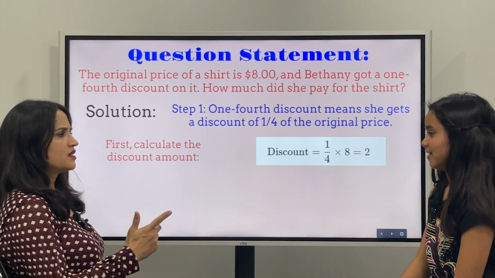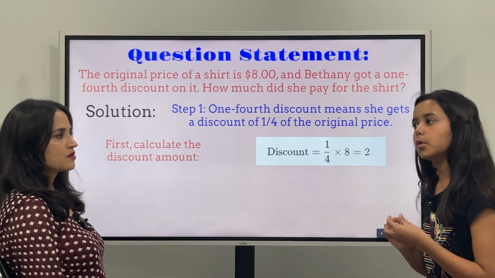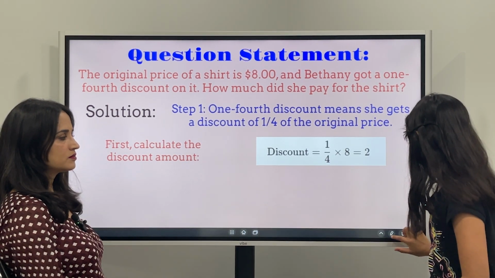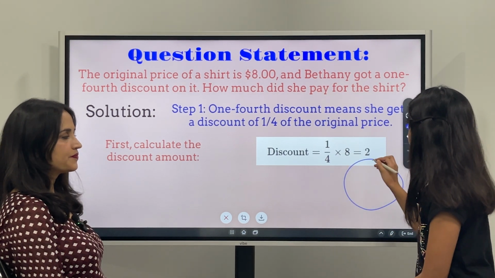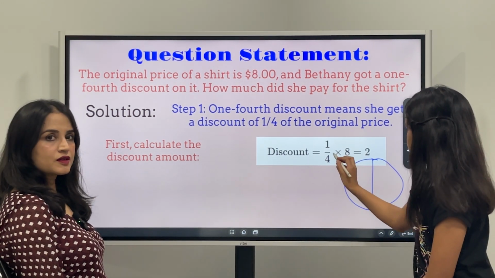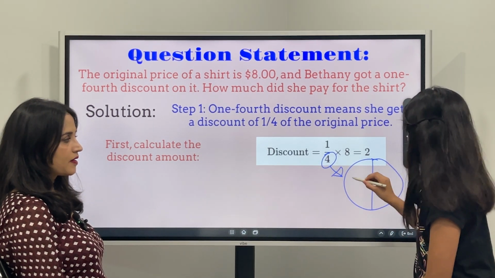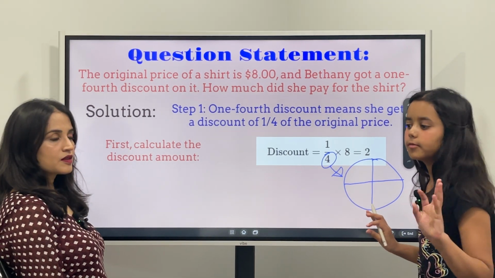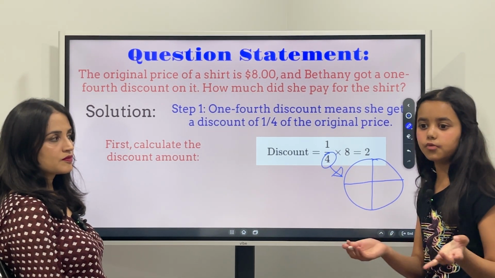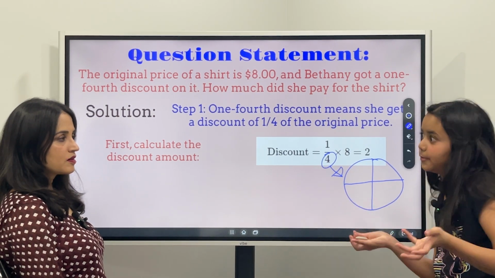What will be the other way? How do we find 1/4? You can draw a circle and divide it into 4 parts. Then let's see what number we could use 4 times to equal 8. Let's try 4.